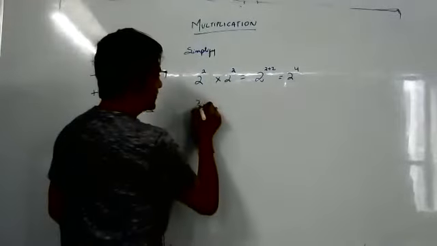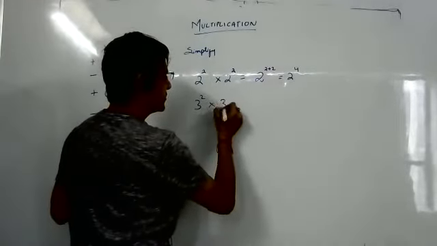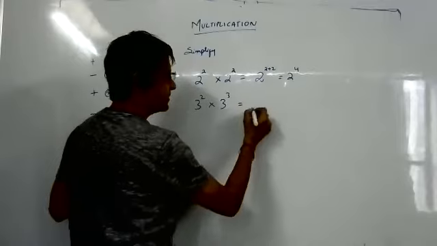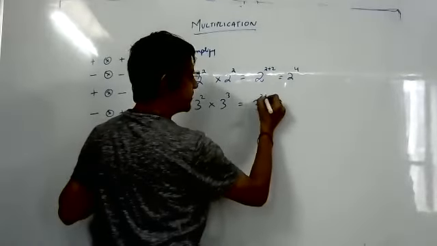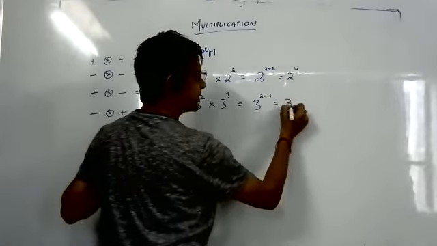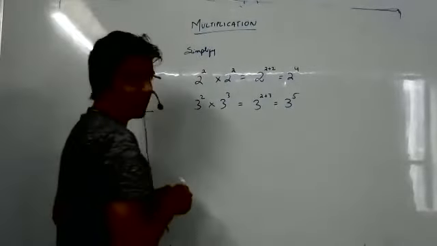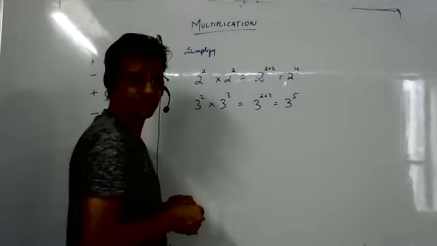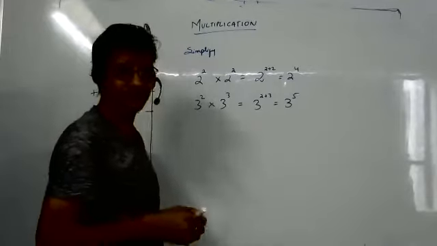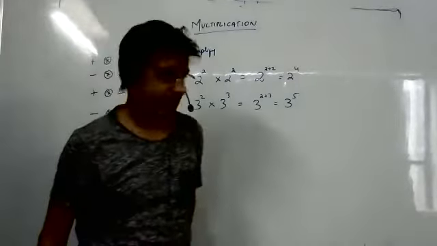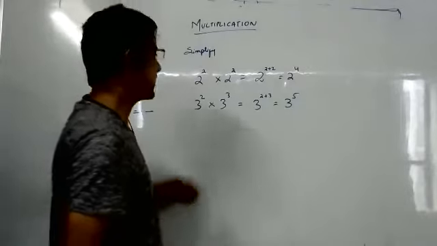If I say 3 to the power 2 into 3 to the power 3, it will be 3 to the power 2 plus 3 is equals to 3 to the power 5. So what should it be? 9 to the power 5. Yes, Kanchi, very good. It should be 9 to the power 5.